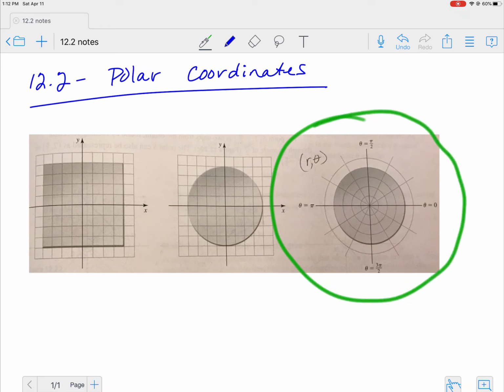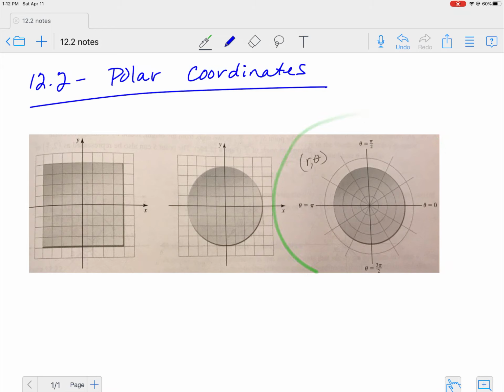Enter polar coordinates. The polar coordinate system is set up for circular graphs. That's the whole purpose of it. The polar coordinate is r theta, all right? So if I'm looking at a coordinate point here, it's not an xy, it is r and theta.